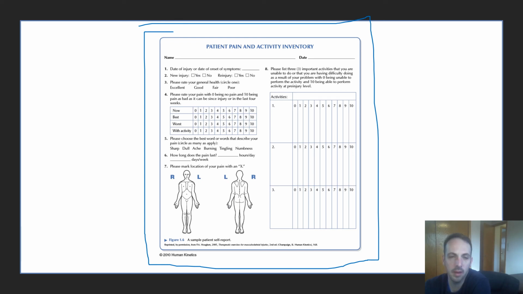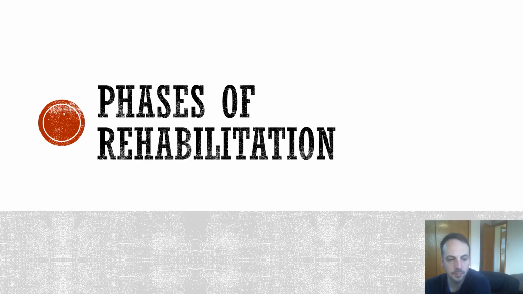That's really helpful, both to justify our treatment and to show the improvement that's designed to be in there. And so in the next one, we'll talk about the phases of rehabilitation, specifically identify those and talk through them briefly again and wrap up.